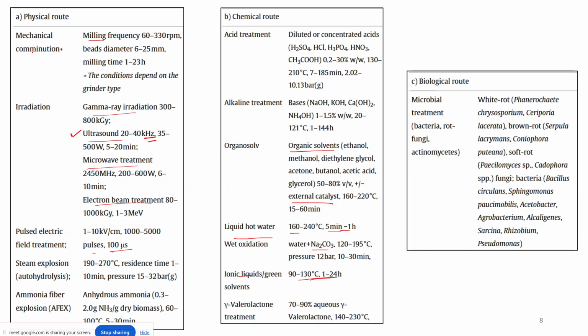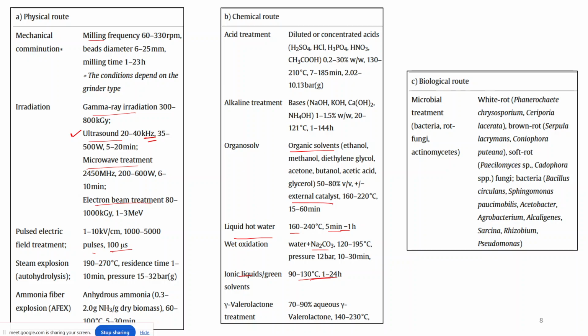Mechanical comminution is some kind of grinding or milling, where we use mechanical balls, jaw crushers and these kinds of things. But in the irradiation process, these high frequency ultrasound or gamma ray processes will break the molecules into smaller molecules.